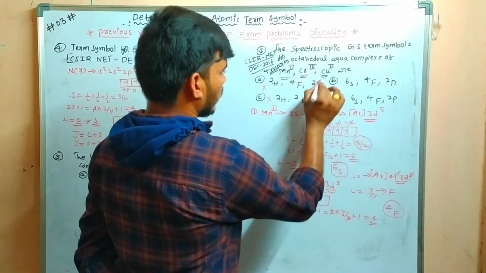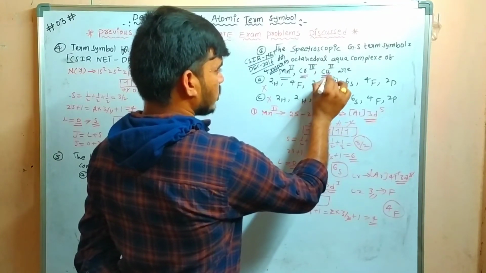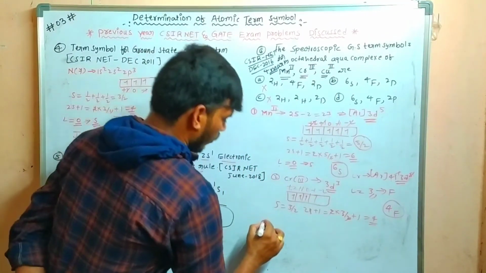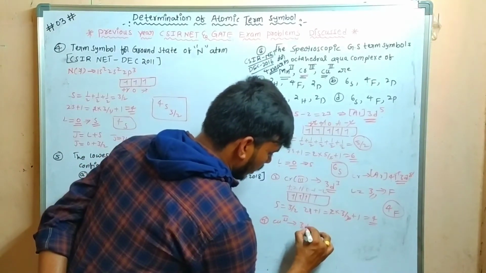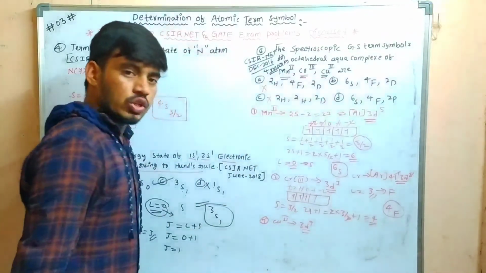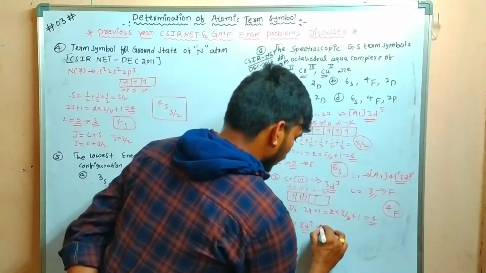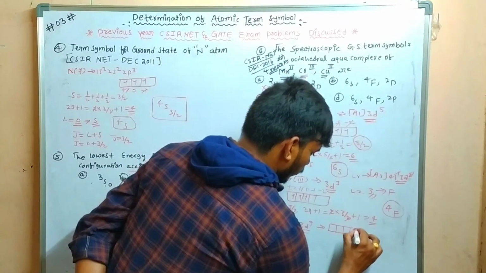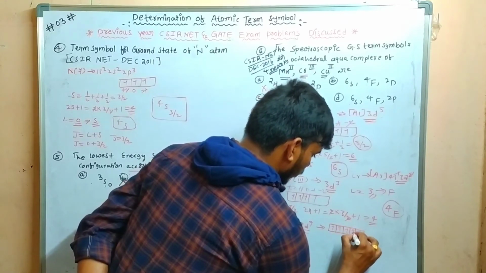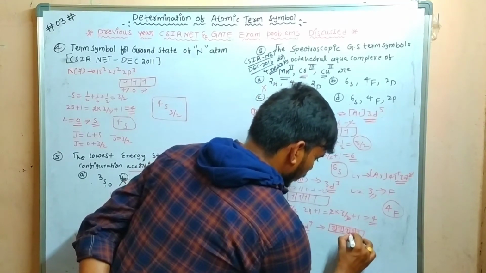So now we have to calculate another complex, that is a copper 2+ complex. Generally the copper 2+ complex, this is very important, has a d9 configuration. So for the d9 configuration, you have to calculate the term symbol. This is 1 2 3 4 5, 1 2 3 4 5 6 7 8 9.